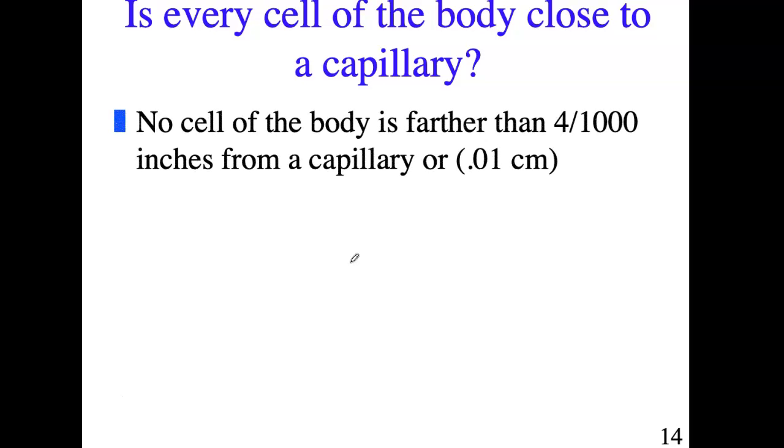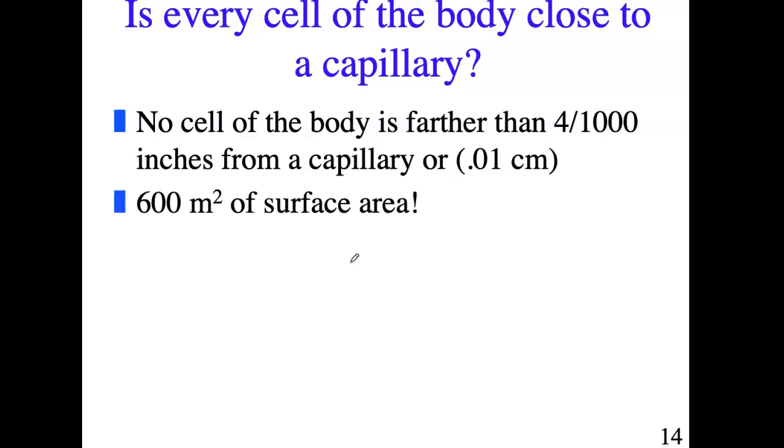And the answer is yes. No cell of the body is farther than 4/1000th of an inch from a capillary. That's 0.01 centimeters. So yeah, if you want to be a cell that receives oxygen, you've got to be near a capillary bed. Therefore, capillary beds are immensely abundant in your body because they have to feed every single cell.